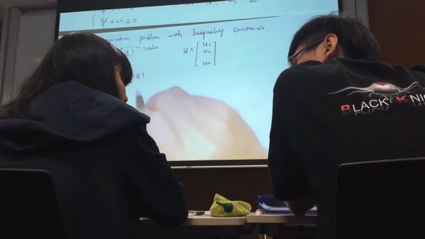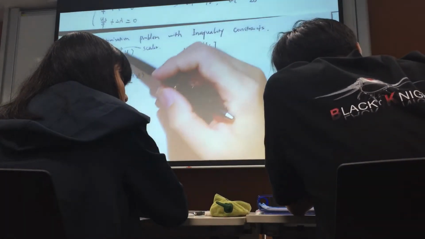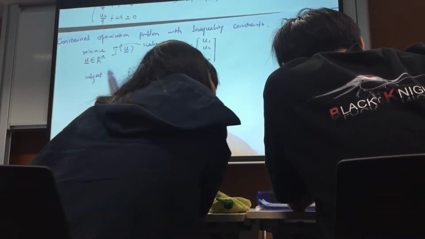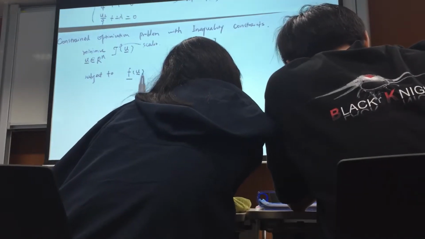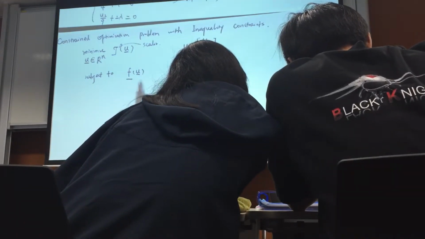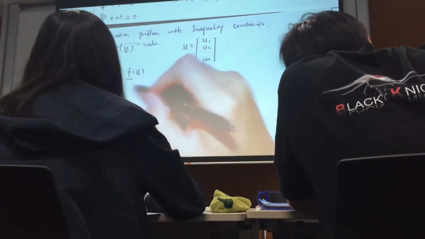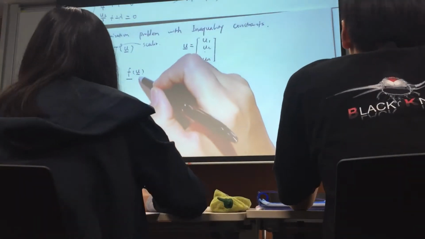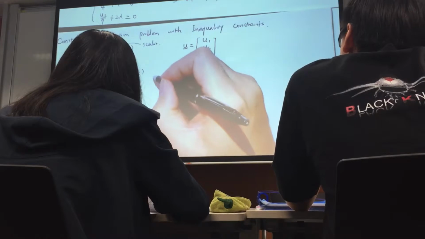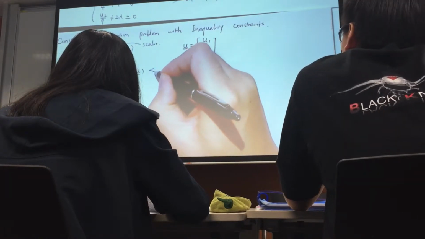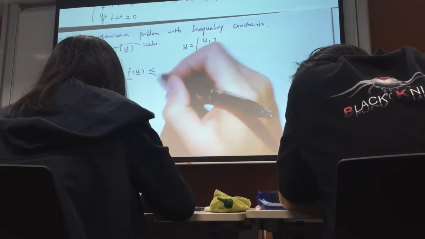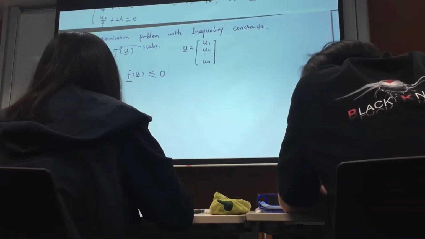So the only difference, so far the definition is the same as the equality constraint problem. The only difference is now we generalize the constraint, and the constraints can be defined to be smaller or equal to 0.